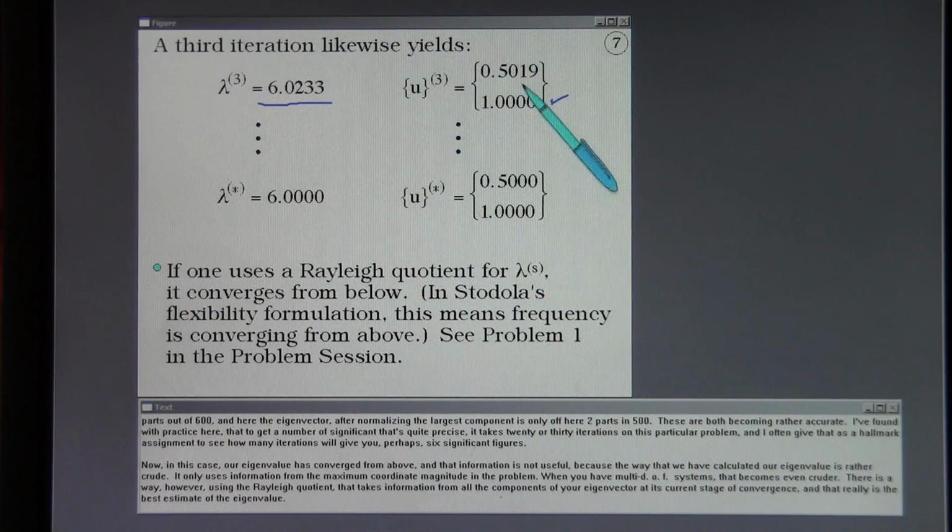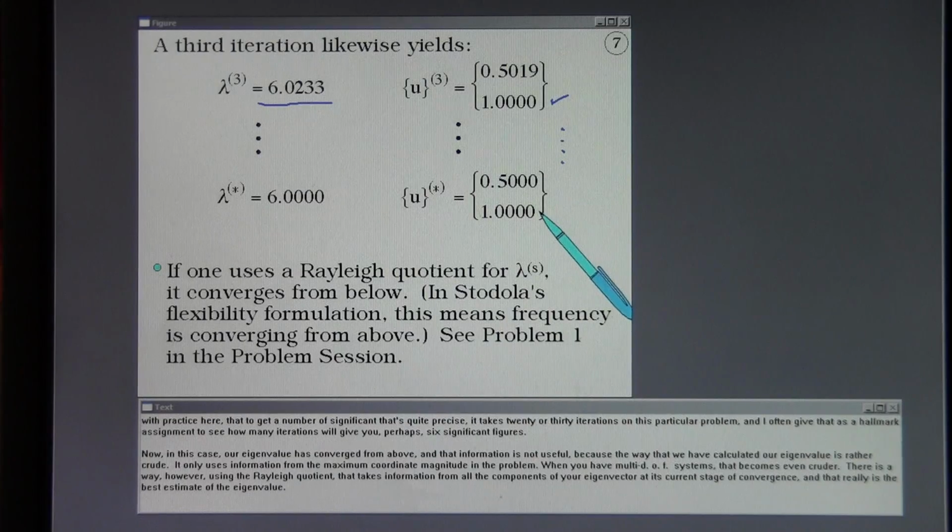So these are both becoming rather accurate. I've found with practice here that to get a number of significant figures that's quite precise, it takes some 20, 30 iterations on this particular problem. And I often give that as a homework assignment to say how many iterations will give you perhaps 6 significant figures and so on.